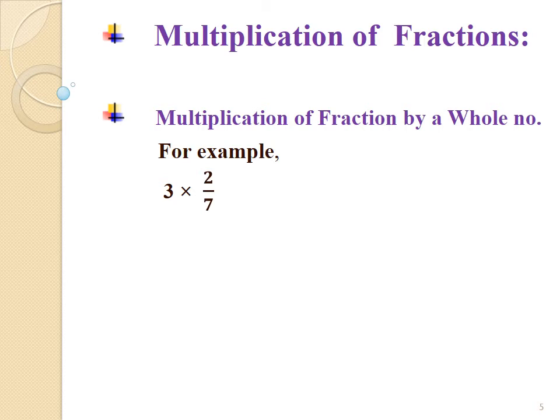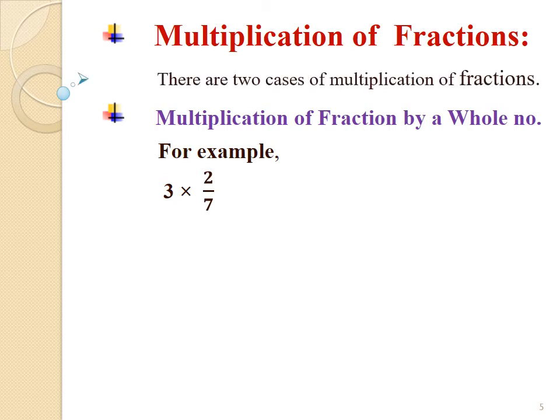Now, multiplication of fractions. There are two cases of multiplication of fractions. They are multiplication of a fraction by a whole number or multiplication of a whole number by a fraction.